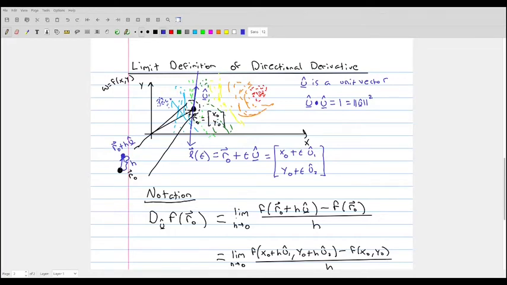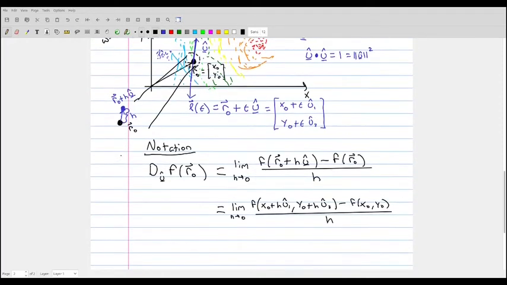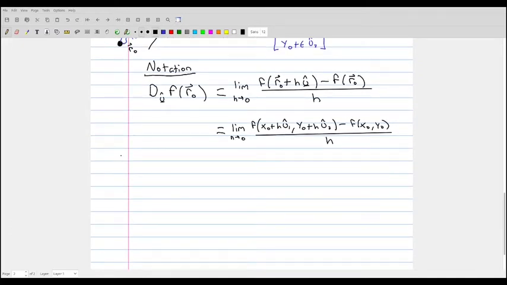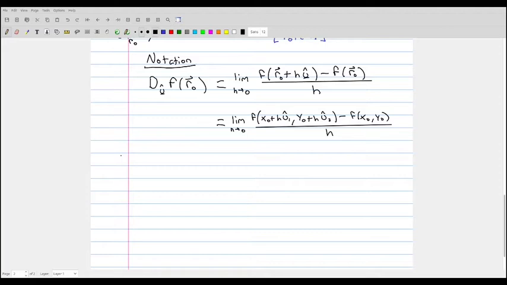And what we're computing when we compute this limit is exactly the value of the function at this blue point, minus the value of the function at this black point, divided by h as h goes to 0. It's the normal single variable derivative of this composition of functions in the direction u hat. So this is why this limit definition makes a lot of sense, and it's also why it is directly extendable to 3D or any number of dimensions.